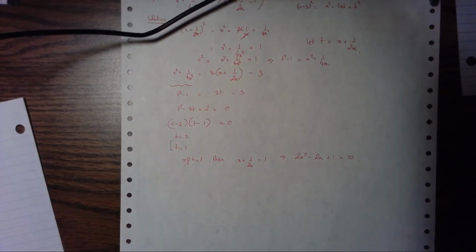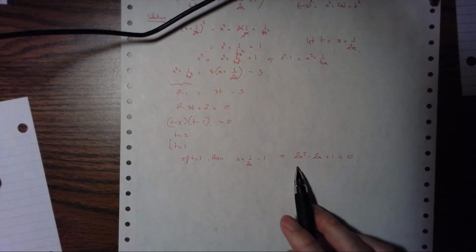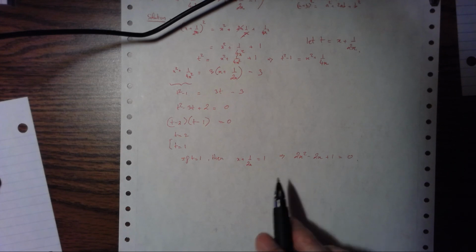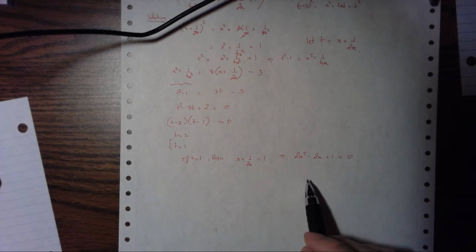You can try to factor them. If it doesn't work, then you have to use the quadratic formula, or maybe this doesn't work because when you use the quadratic formula, the discriminant, b squared minus 4ac, is less than 0.